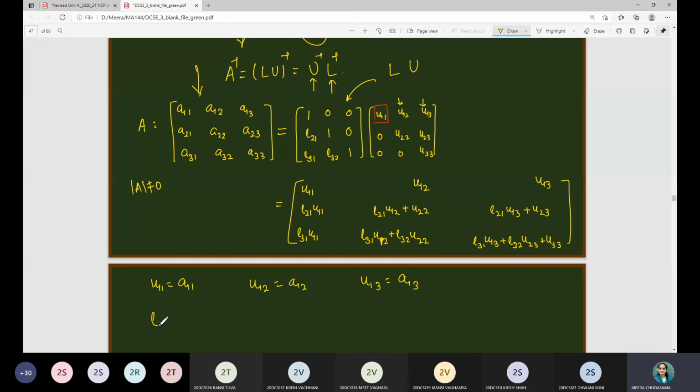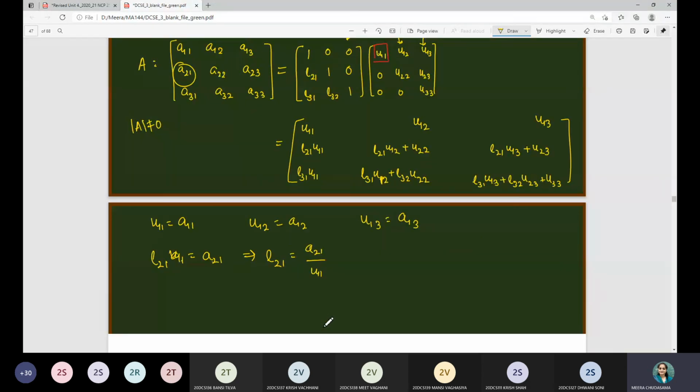Now from the second row, L21 U11 is equal to the corresponding entry, that is A21. Now U11 is known to you, A21 is known to you, therefore L21 is also known to you, that is A21 upon U11.